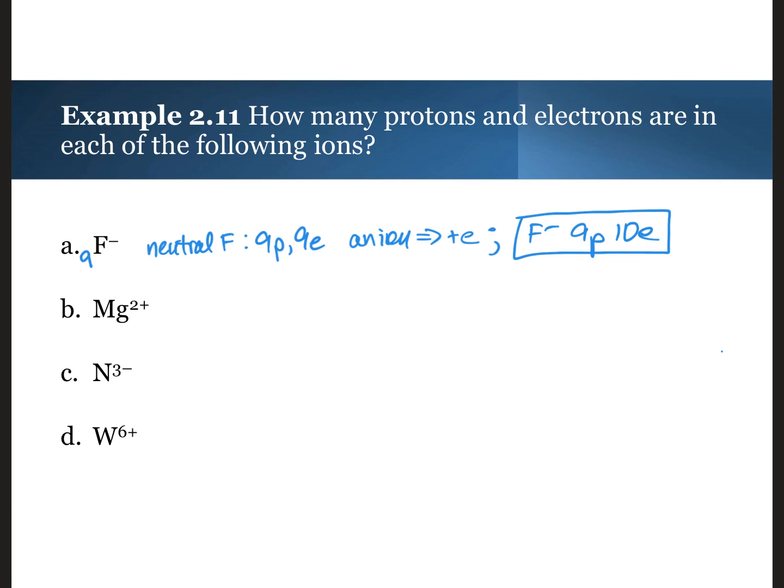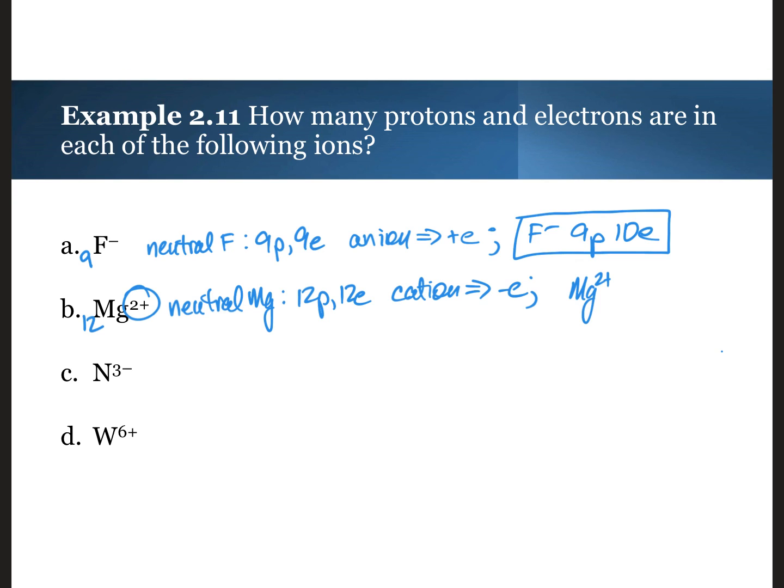Magnesium has an atomic number of 12, so a neutral magnesium atom has 12 protons and 12 electrons. When an element forms a cation, it does so by losing electrons. Magnesium has a +2 charge, indicating the loss of 2 electrons, so Mg2+ has 12 protons and 10 electrons.